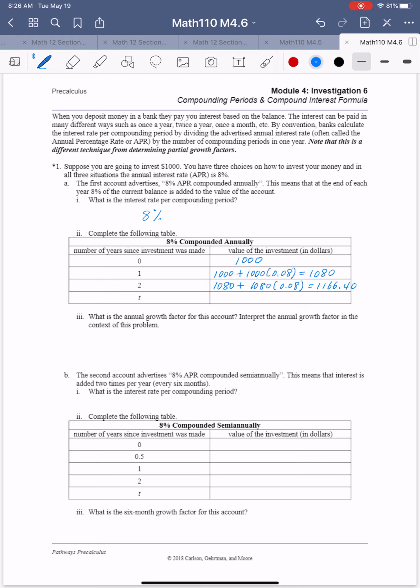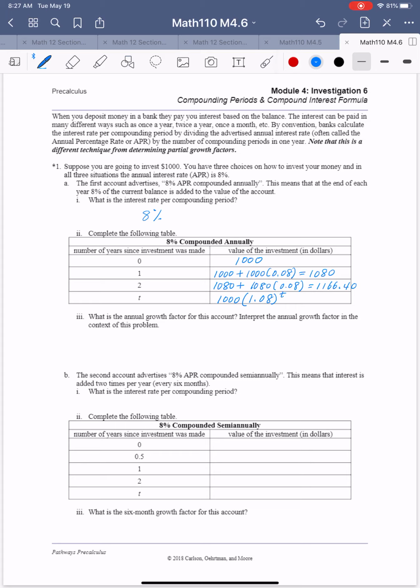As a pattern, the money that you put in, which is 1,000, increases 8% each year, but you also keep the 100% that you put in. So the growth factor will be 1.08, raised to the t power.